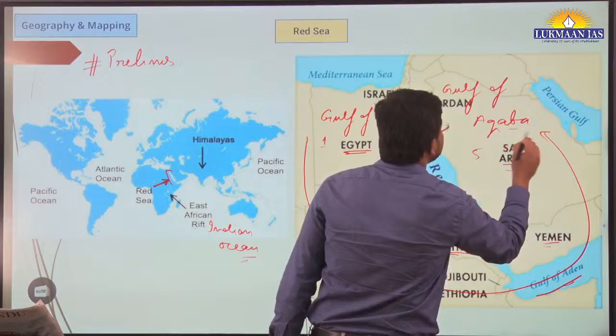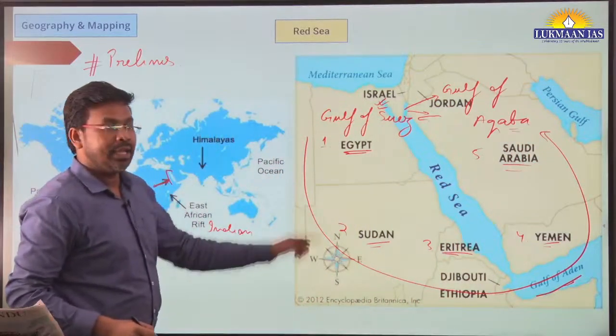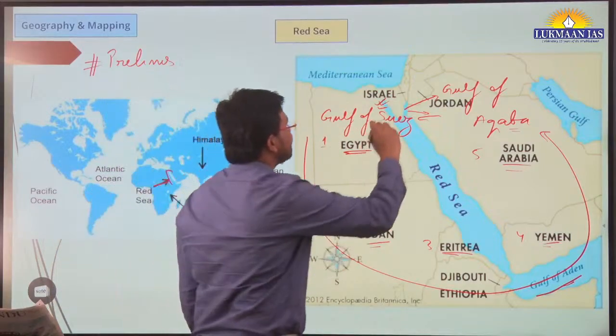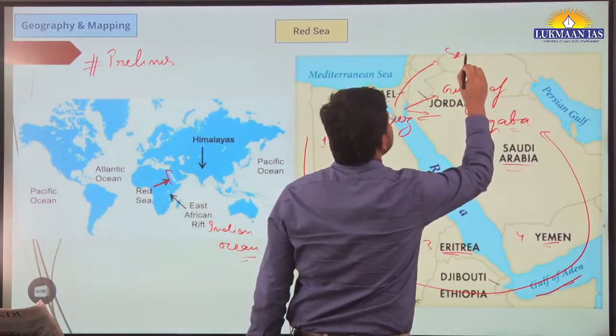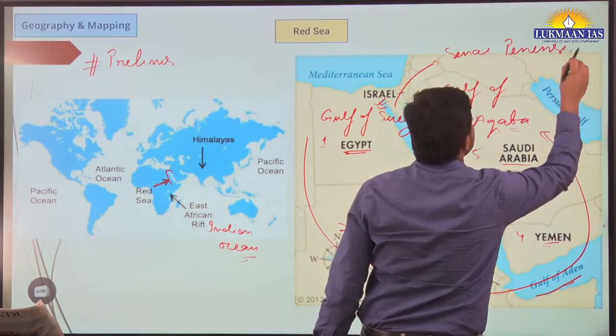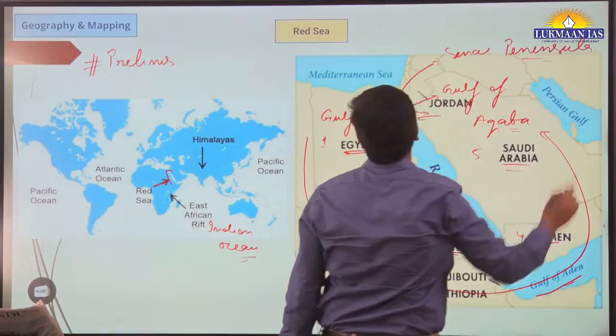Between them is a peninsular region, and this peninsular region is known as the Sinai Peninsula.